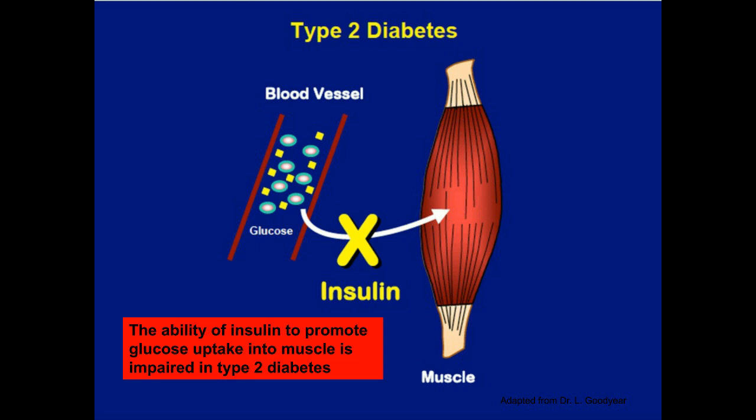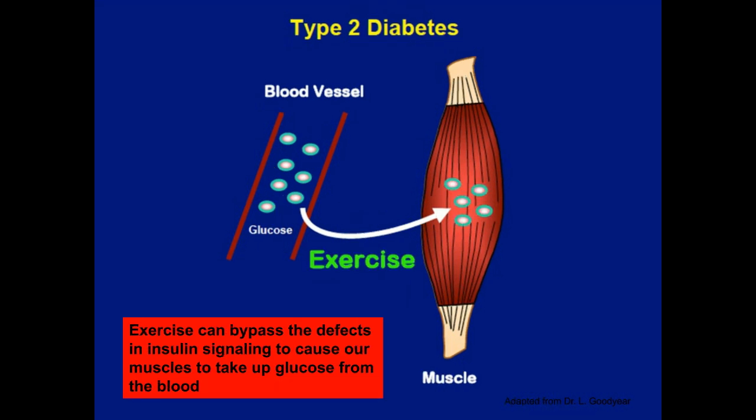Exercise can overcome this. Exercise uses a completely different biochemical pathway to get glucose from the blood into the muscle. So we won't get into the details, but essentially exercise can bypass any defects that you have in your insulin signaling and get glucose from the blood into the muscle. And that should make sense because when you're exercising, your muscle needs energy.